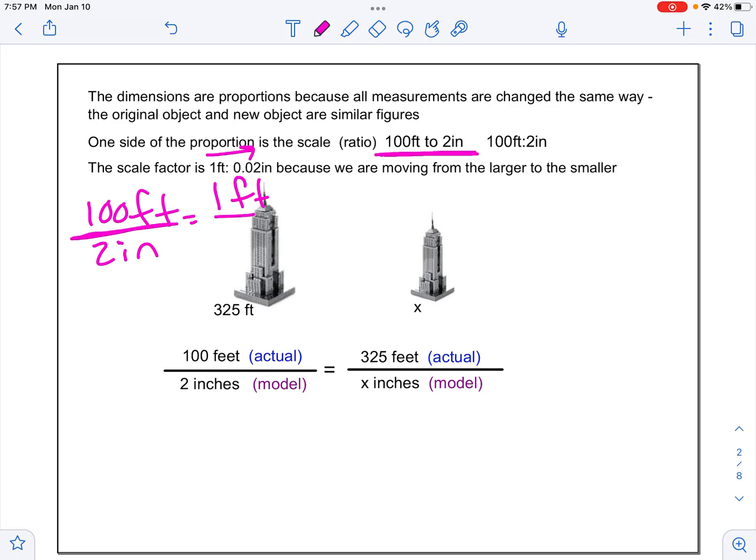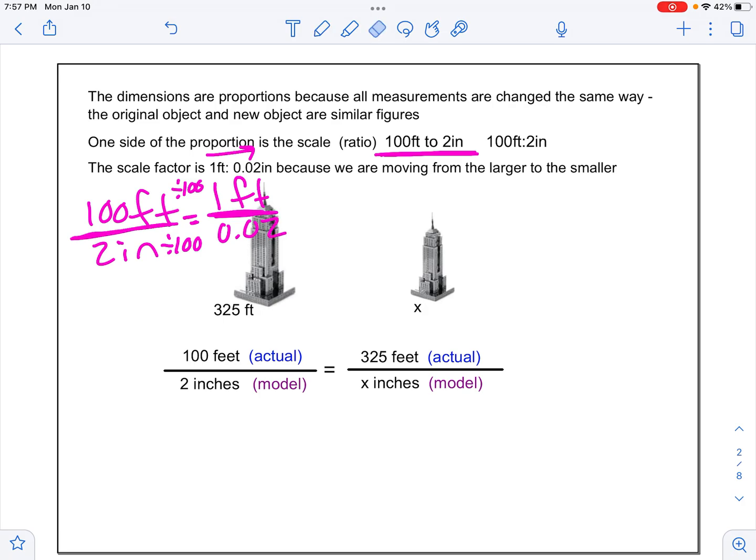So for every 100 feet, I don't care about the 100 feet. I want to know 1 foot. Well, what did I do to get that? I divided it by 100, which means I have to divide the bottom by 100 because we're just creating equal fractions. And so that's where I get that 0.02.